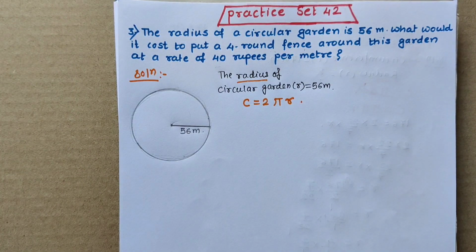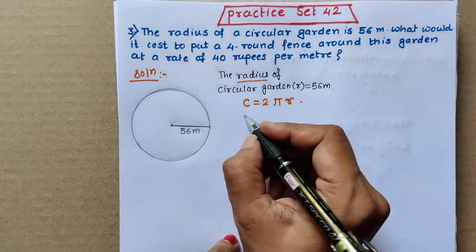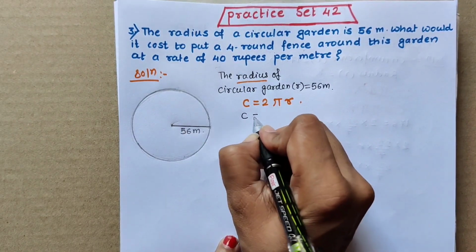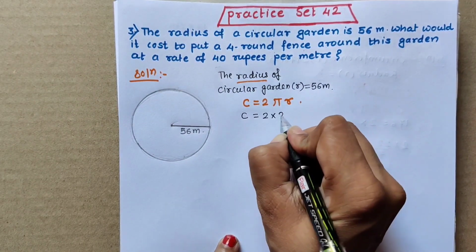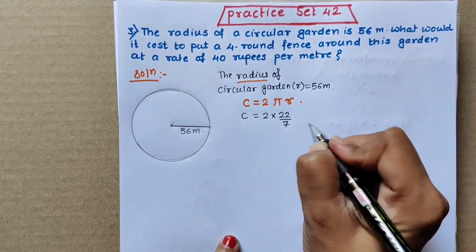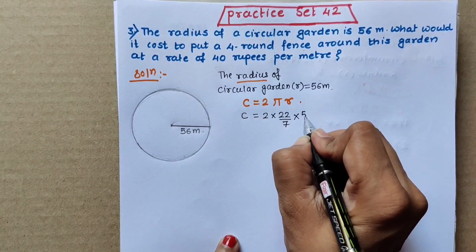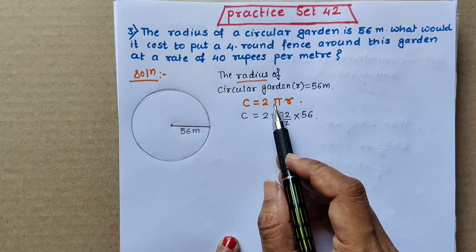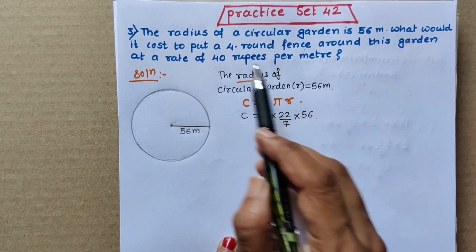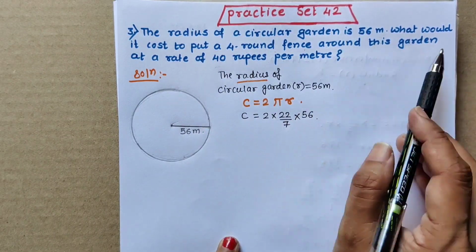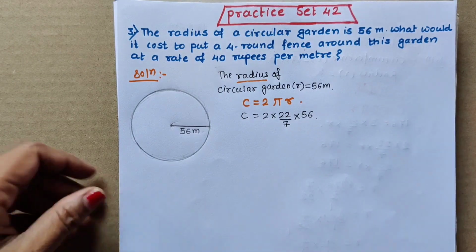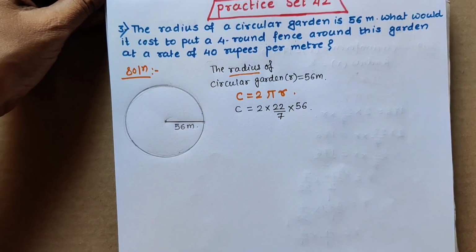Now we will put the value of radius and we can find out circumference. C is equal to 2 into pi, which is 22 upon 7, and r is given as 56. Always put pi is equal to 22 upon 7 when it is not given in the question anywhere.